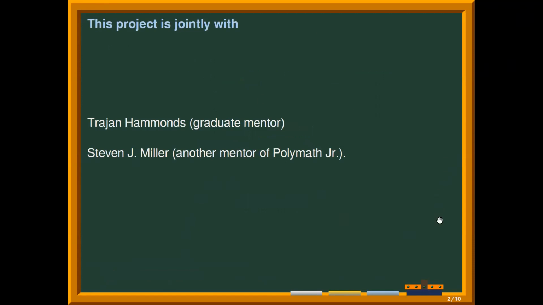Namely, this project is joint with Tryon Hammond, a graduate mentor, and Steve J. Miller, another mentor of Polymath Jr. Because his earlier work with students is related to this project, he will sometimes drop by our meetings too. So that's a short introduction to how this is going to be managed.